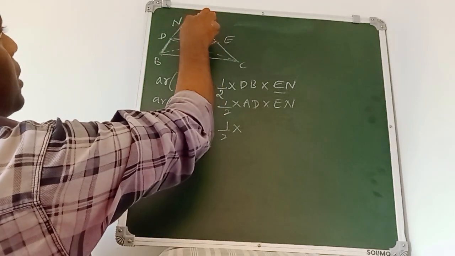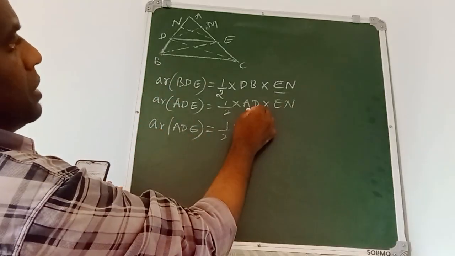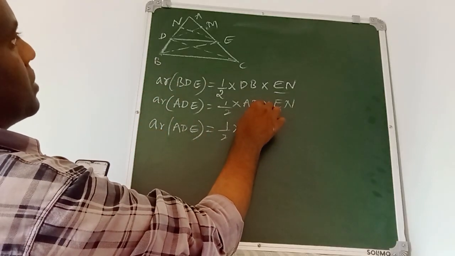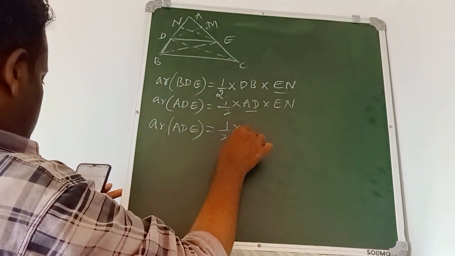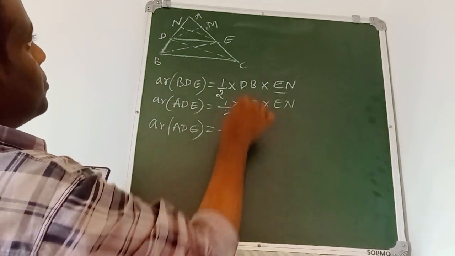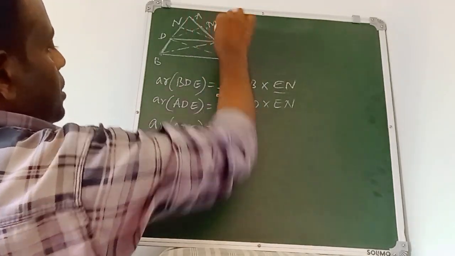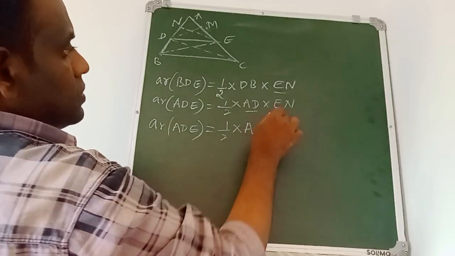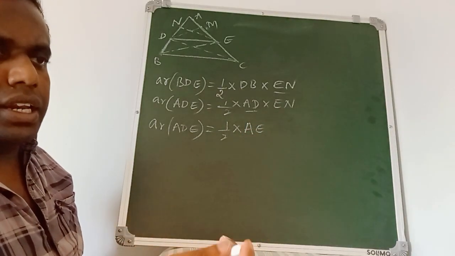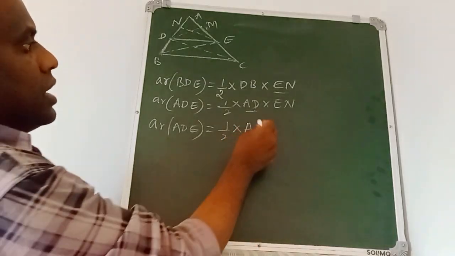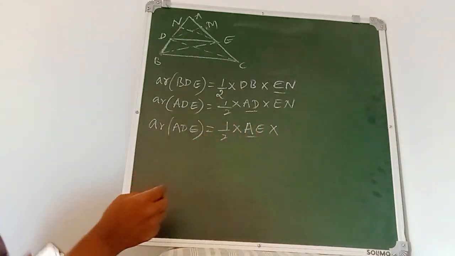So consider triangle ADE, base. Previously you have taken AD as the base, correct? This time I am considering AE as the base. I already said that depending on the type of problem, we can take any side as the base. Here I am taking the base as AE. Then height will be what?